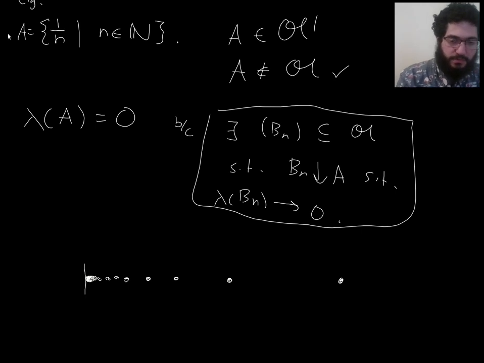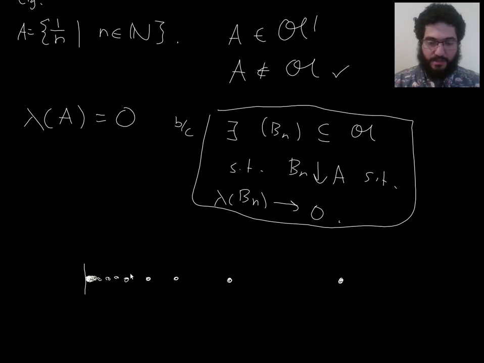So what you could do is, for each Bn, it needs to contain A, right? Each of the Bn's we define in our sequence of elementary sets needs to contain A, so it needs to contain all these dots, and each Bn needs to be contained in the previous Bn, and we need the total length of the Bn's to go to 0 as n goes to infinity.